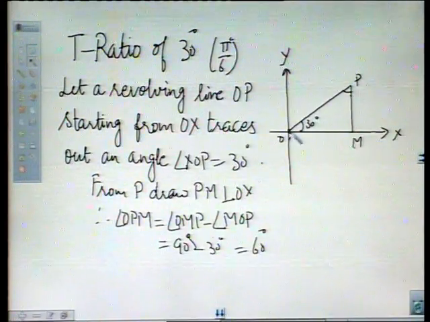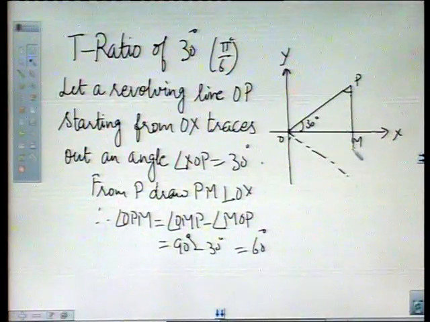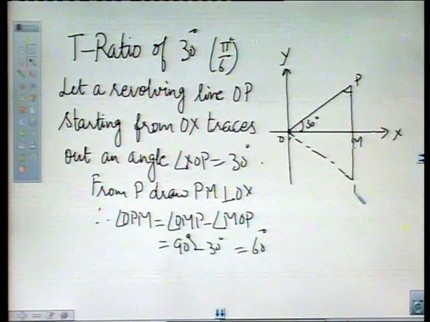Now, we construct here angle OP dash M. This is our P dash.